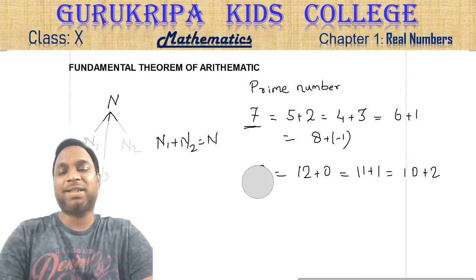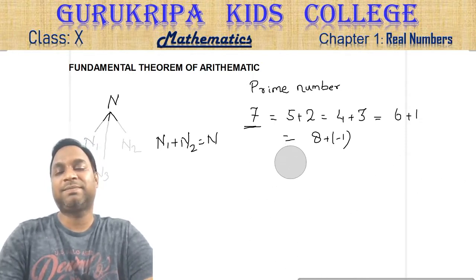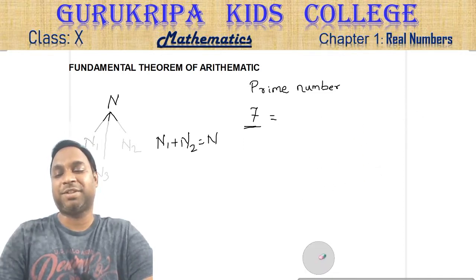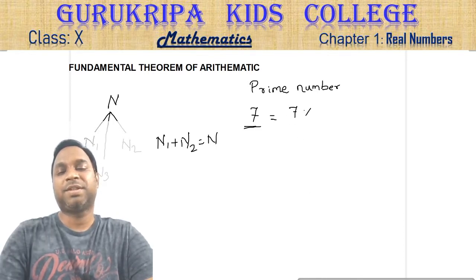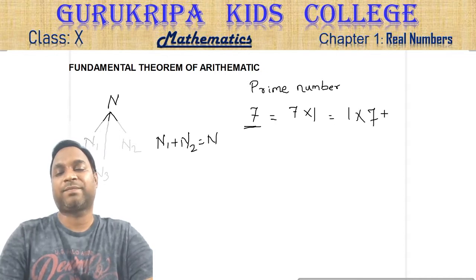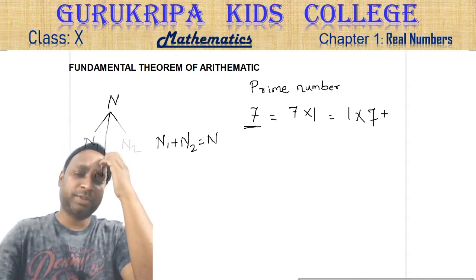Similarly, can we write this 7 as a product of two different numbers? We are not interested in sum over here, we are interested in product. What can we write it as? 7 into 1. Or you can also say 1 into 7. Is there any other possibility?